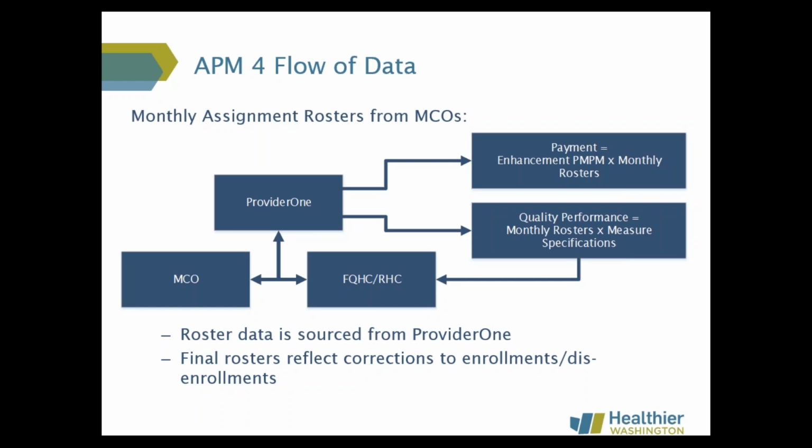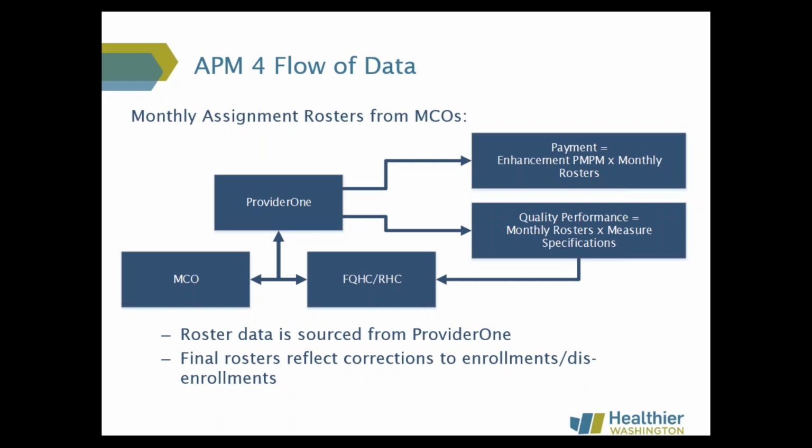The rosters are accurate and reflect all of the enrollments or disenrollments. So if you have some corrections from one month to the next month, those data are accurate and uploaded correctly so that we're getting all of the accurate enrollments and disenrollments that have happened throughout the year. So these would be the final rosters assigned to each participating provider during the performance year.